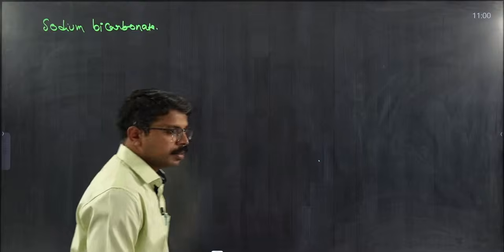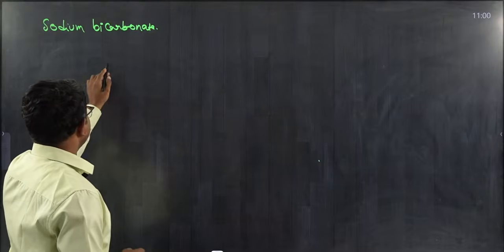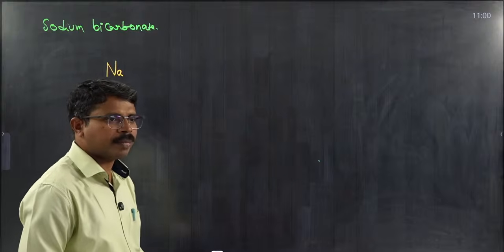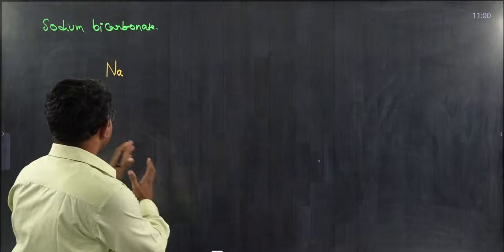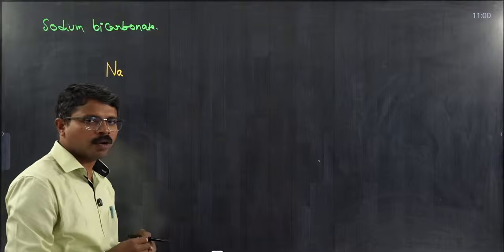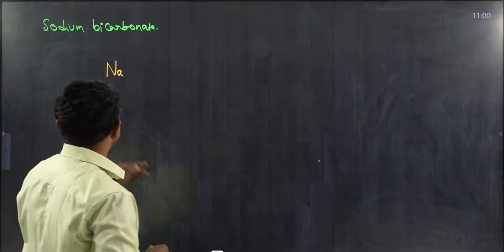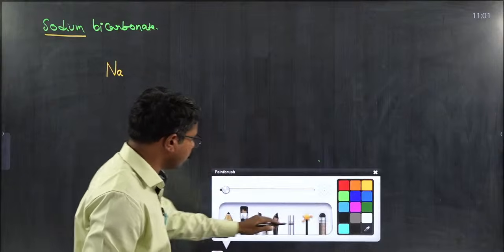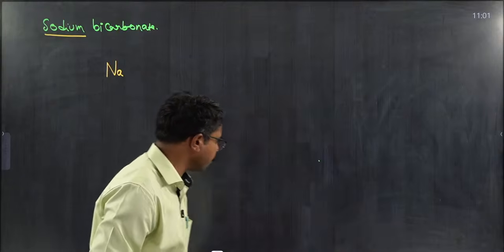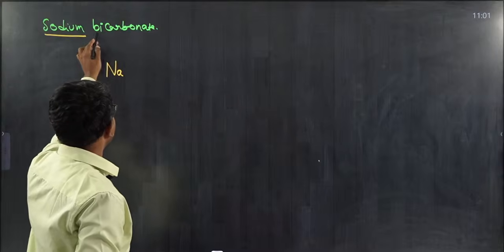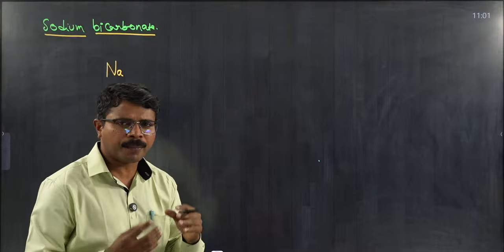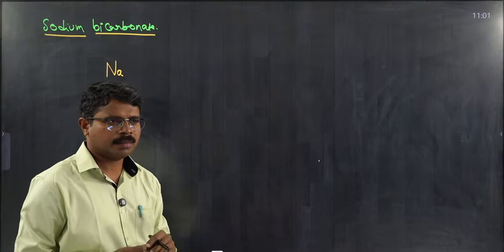Answers please. Now the first step is we need to convert the name into symbols first. So we should write the positive part followed by negative part. As the name of the compound starts with sodium, I must write sodium on the left hand side. And bicarbonate, in last session I have given names of important anions.